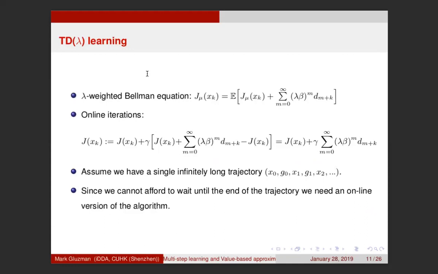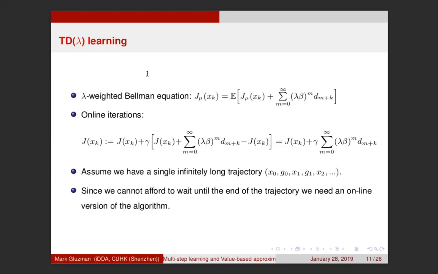We want to update our estimation of the value function online. As soon as we do a step, we want to get a new estimation of the value function. So based on this lambda-weighted Bellman equation, we want to create an online version of this algorithm.